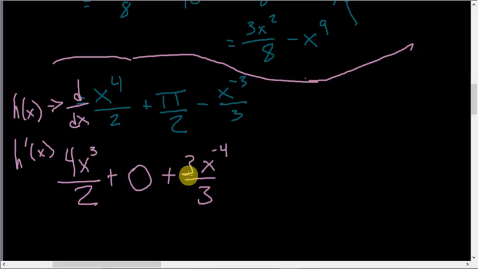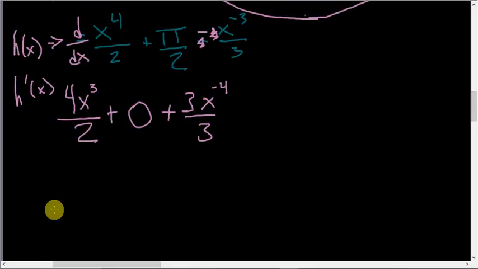Alright. So this one, you drop this down, it becomes a plus 3, right? Negative times a negative. And then you decrement this one by 1, right? So this one simplifies. So we get h prime of x, that's how you say it, or the derivative of h of x is equal to, and you can simplify this too, just make it 2.